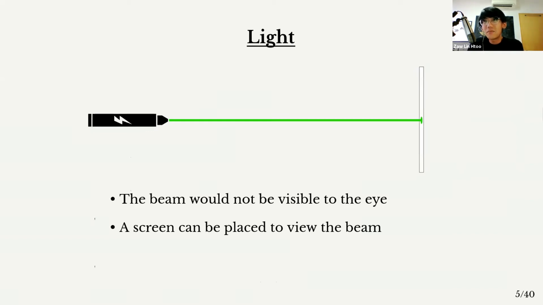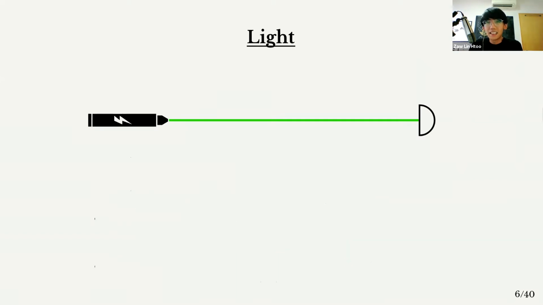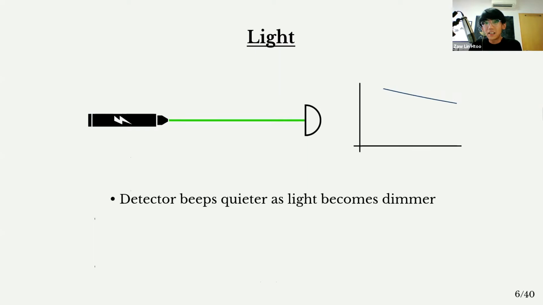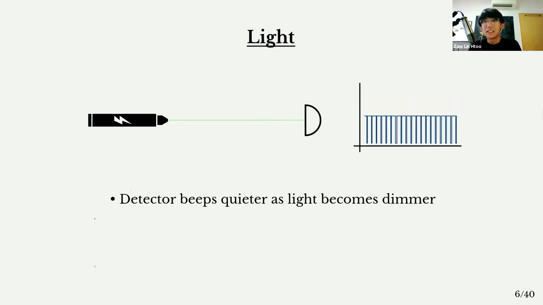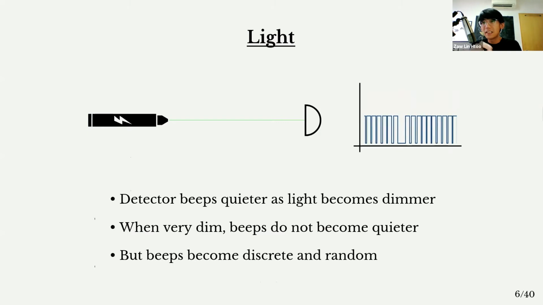But when it gets very dim, our eyes fail us. So we'll use something like a detector. When it's very dim, we can know whether or not the light is there. Say we have a specific kind of detector that beeps out a sound, or you connect it to a computer, and it becomes quieter as the light becomes dimmer. What you'll notice is that when it gets very dim, the beeps don't get any quieter, but instead it becomes discrete and random.